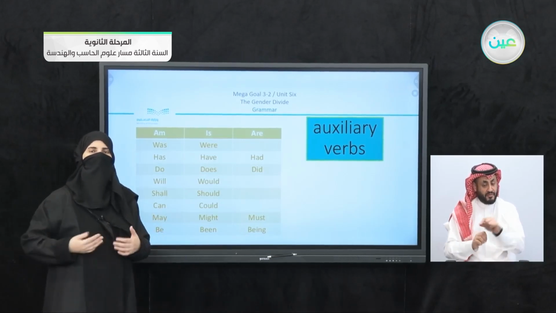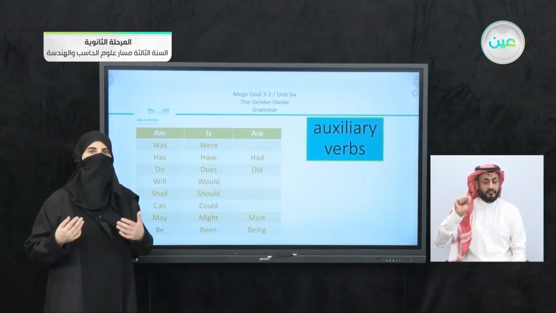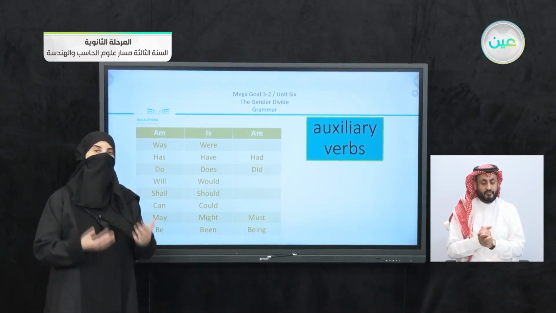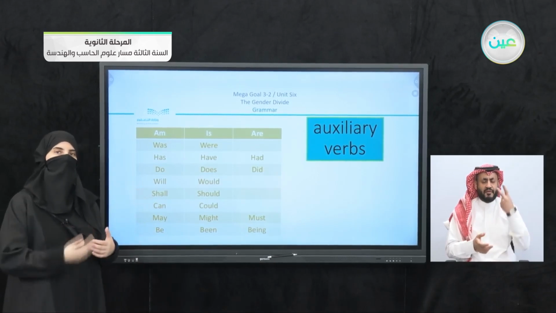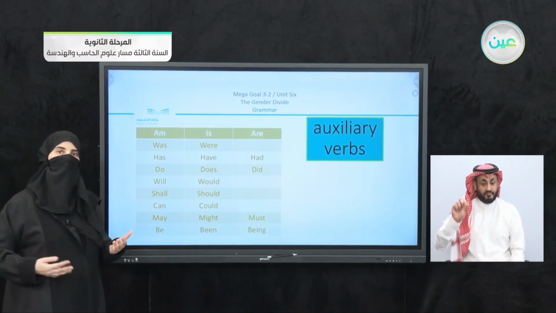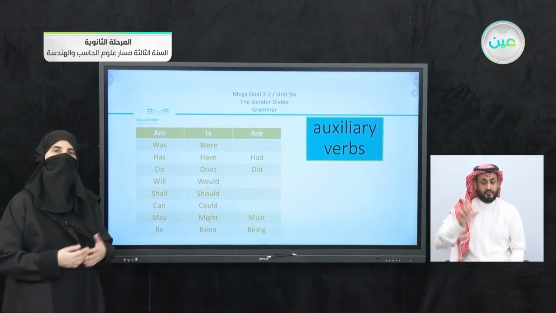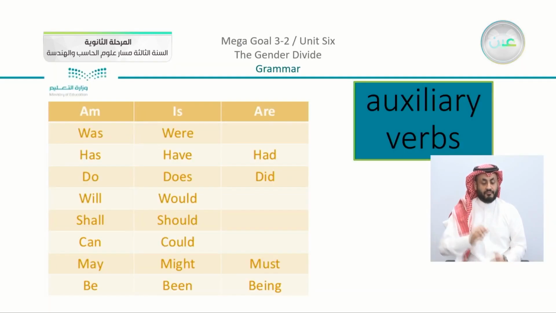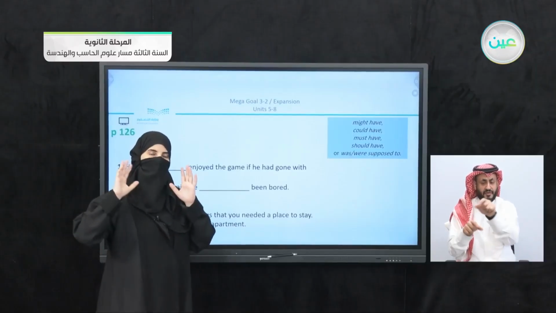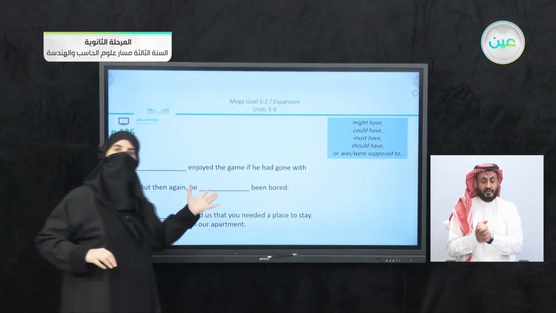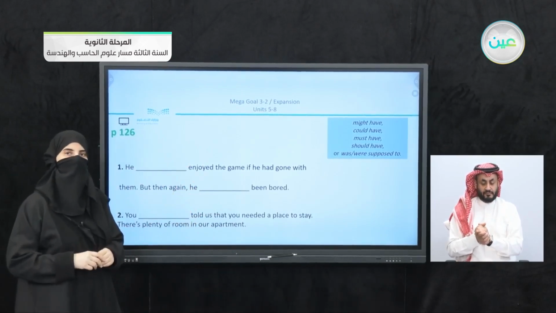We have here the perfect tense in has, have, and had, actually. And we have different modals that we can see, like must, will, would, can, could, and many more. So our focus is going to be on the modals that I have put in a box for you, to make them clear in front of you when we apply them in our sentences.